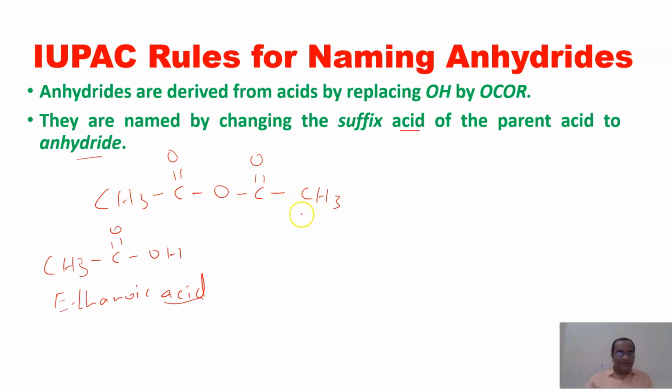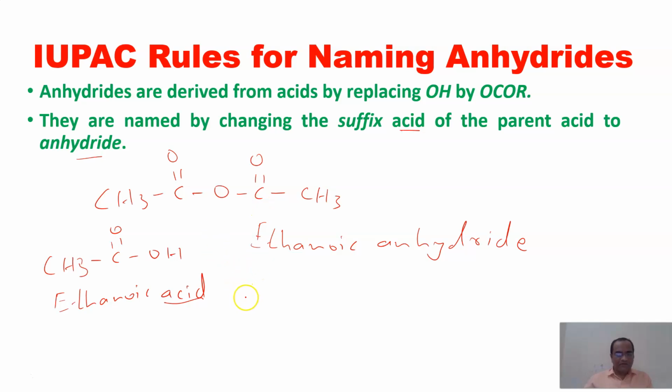Both the ends are similar. So I will write ethanoic anhydride. Ethanoic anhydride. So this is the name of the compound. So whenever an anhydride comes, both the ends will be similar.